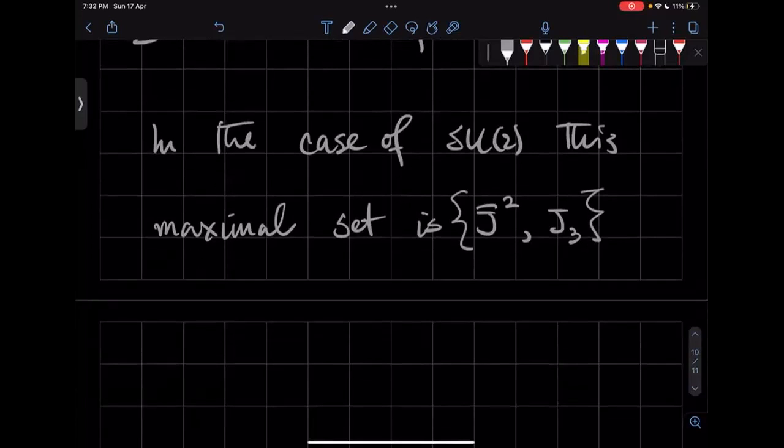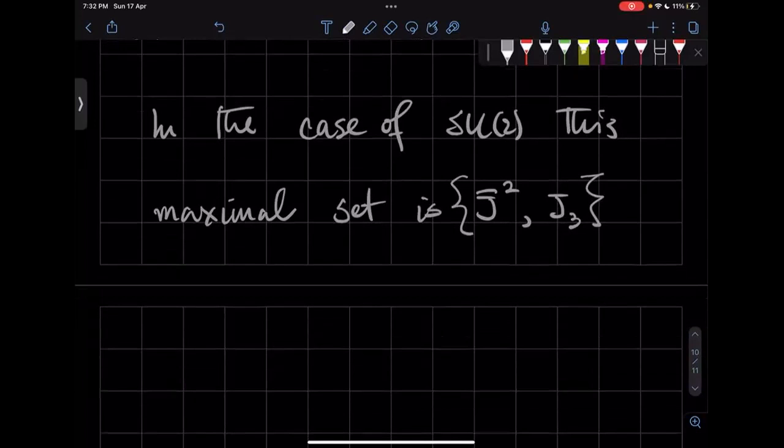So that means that our vectors will be simultaneous eigenvectors of these two linear operators, right? So let's write these vectors as |lambda, m>, where lambda is the eigenvalue of the J squared operator.